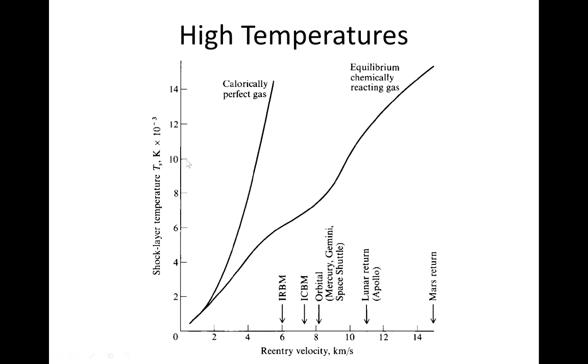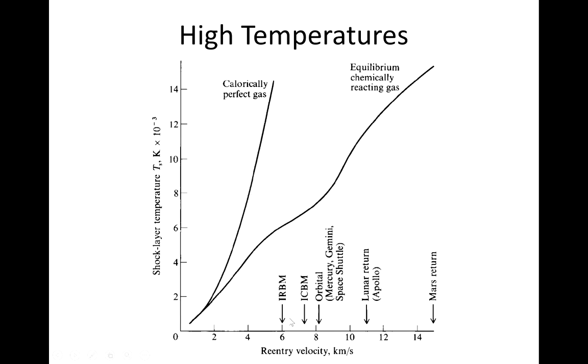Notice that the temperature is not getting quite so high at certain Mach number, because you now have more degrees of freedom, not just the linear degrees of freedom and rotational degrees of freedom. You have vibrational degrees of freedom, dissociation, so more modes into which energy can go. Therefore, the effective temperature is decreased for real gases compared to a calorically perfect gas.